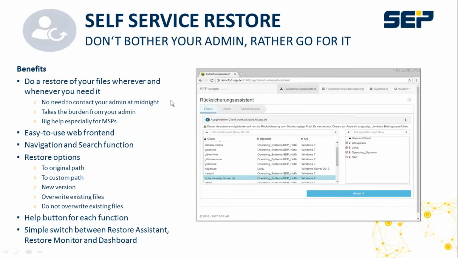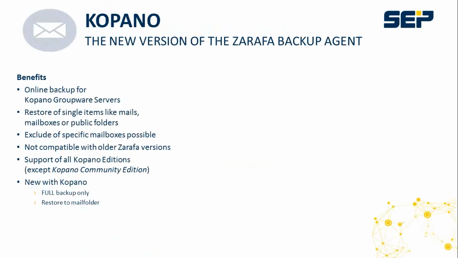That's possible. With the new agent for Kopano, we support all the functionality which we have already supported with our Zarafa backup agent. Now with the Kopano agent, the new version of Zarafa, we support all the functionalities. Single item restore, like single mail restore, is also supported. That's all supported with just one exception, and that is that with the new API, Zarafa doesn't provide a command for incremental backups.